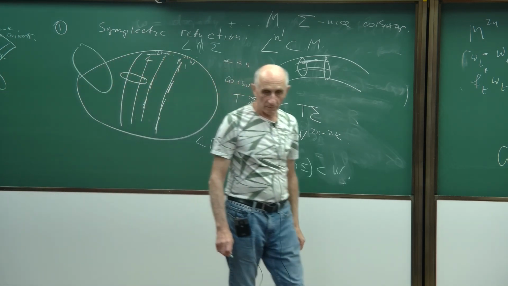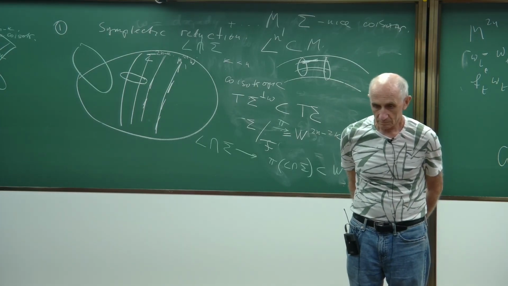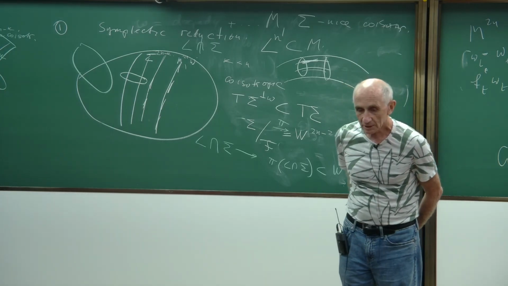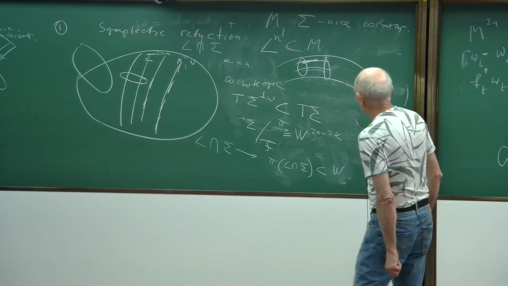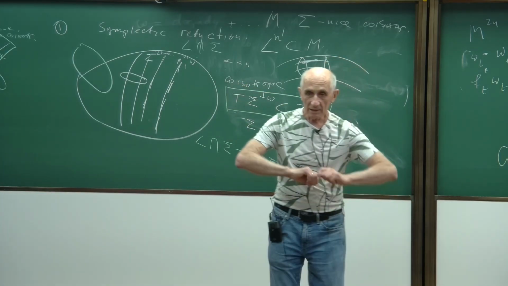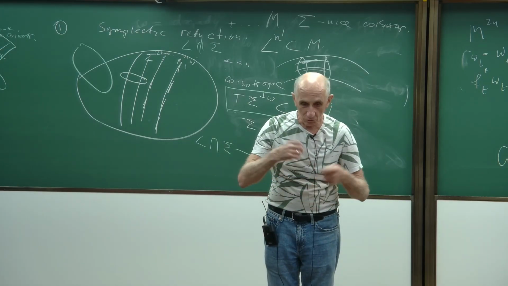So that condition, does that imply that the characteristic foliation will be a fibration? That condition? I just don't understand. What condition? That T sigma is a subset of T sigma perp. This is the definition of coisotropic. Yes. And this implies that our sigma is foliated. Yes. But the foliation could be terrible, right?